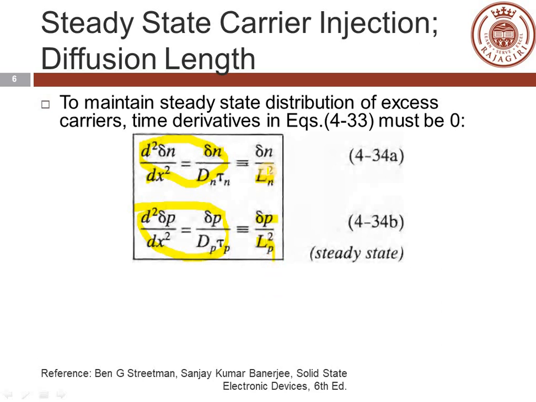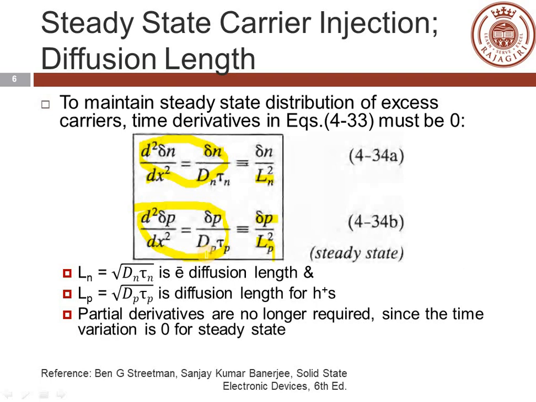So Ln square will be equal to Dn tau n and Lp square will be equal to Dp tau p, or we can write Ln equal to root of Dn tau n and Lp equal to root of Dp into tau p, where Ln and Lp are electron diffusion length and hole diffusion length respectively. And compared to the previous equation, partial derivatives are no longer required since the time variation is 0 for steady state.